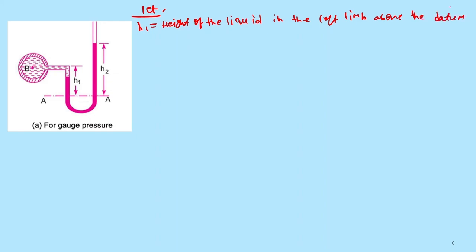In examination, you have to write all these sentences to get full marks. And we can say H2 equals the height of liquid in the right limb above the datum line.